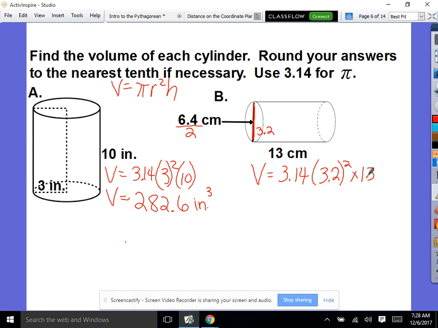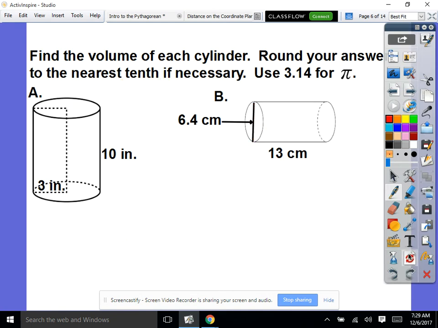And even though that's lying on its side, the height is still 13. So our volume equals 3.14 times 3.2 squared times 13. And that is equal to 418, and that is centimeters cubed.